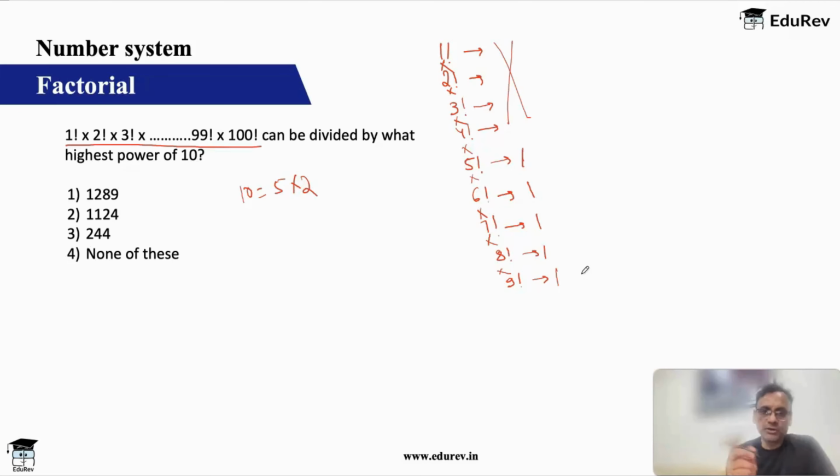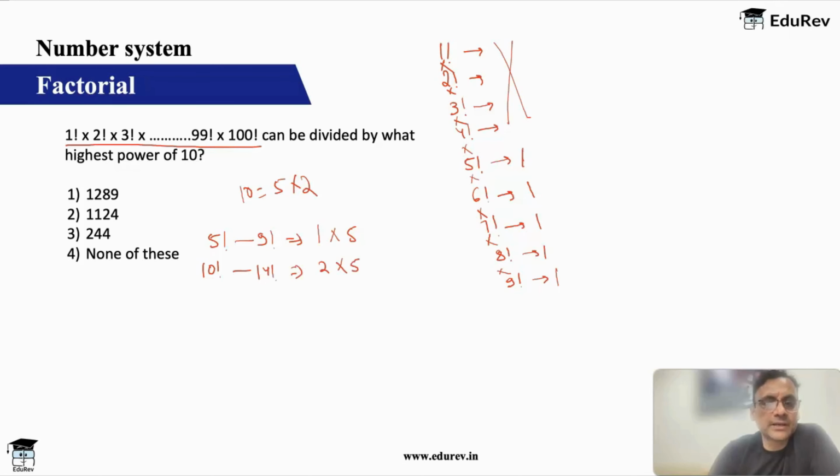Okay, 10 factorial will give you 2 5s. So what we'll need to do is club it. 5 factorial to 9 factorial, I'll get 1 5 each. That means total I'll get 1 into 5, 5 5s. 10 factorial to 14 factorial, I'll get 2 5s each.